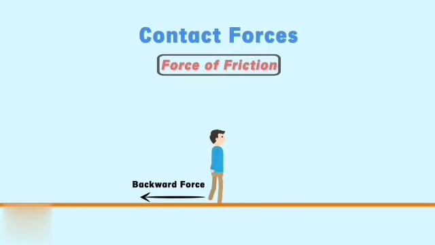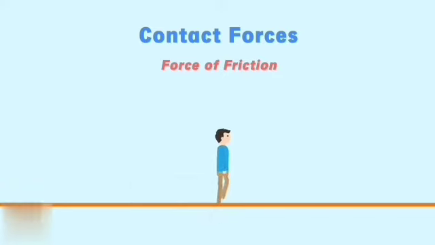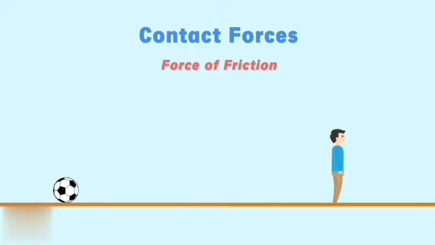In return, the ground exerts a force in the forward direction, which moves us forward. The force that the ground exerts is nothing but the frictional force. The examples that we have seen now are ones in which the frictional force exists between solid objects.